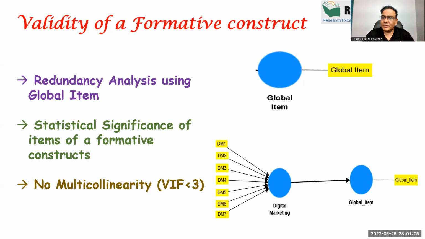So global item is a new concept. And why is it new? Because it is not used anywhere else. So global item is a single item measurement of a construct.